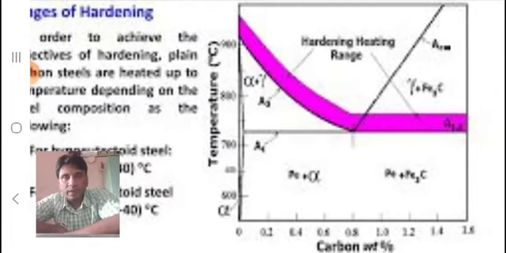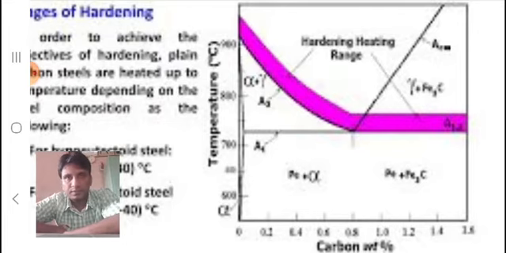So bainite is also a fine structure of perlite, and this bainite structure also has almost the same hardness. If the martensitic hardness is 60 to 65, then the bainite hardness is around 50 to 55 RC.